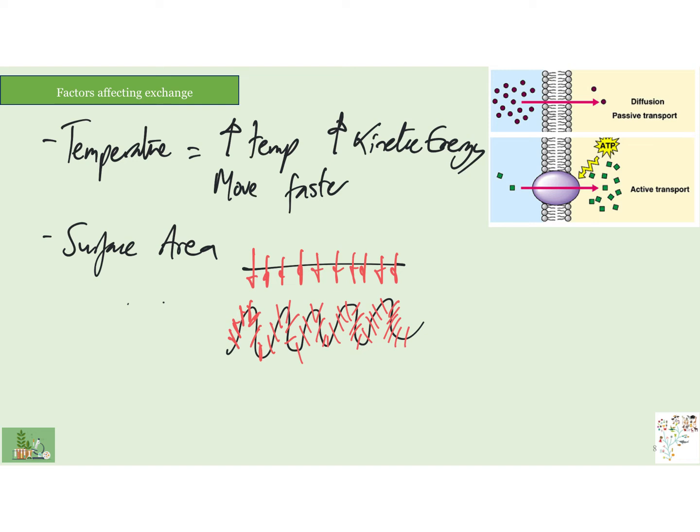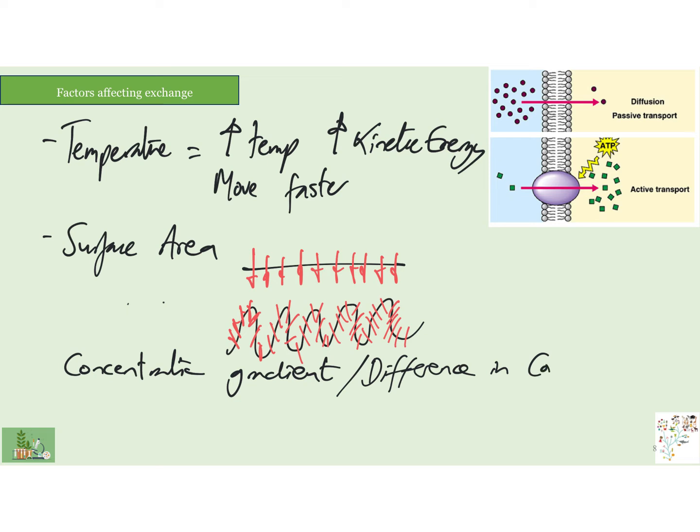The next one is going to be concentration gradient, which is the same as saying the difference in concentration. So if you think about diffusion and osmosis, it is about the net movement. If I had a huge concentration here and a tiny concentration here, there is a massive difference between the high concentration and the low concentration.